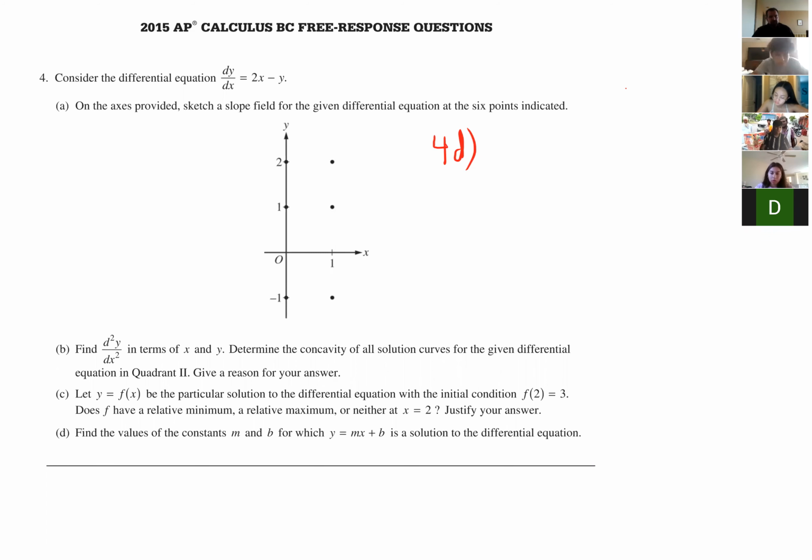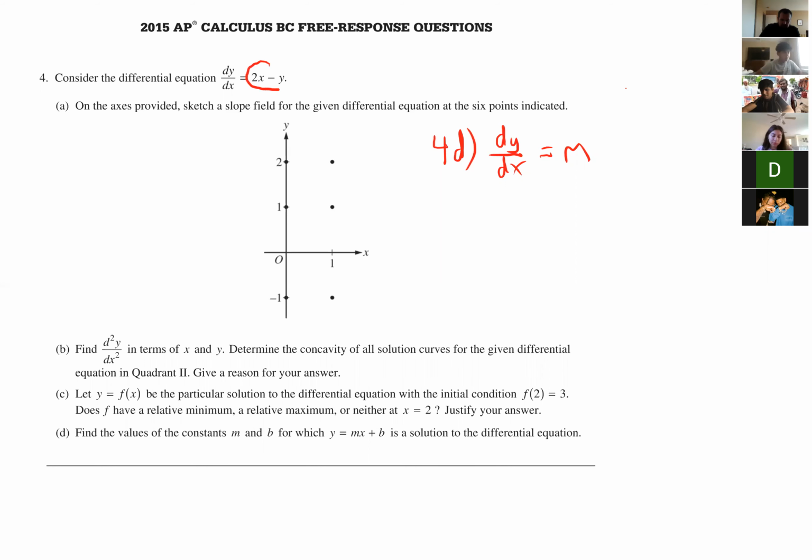All right, thank you. So 4D, I'm going to start off: dy over dx is another way to say your slope. So that's going to be m. So we know that m equals, what do we have here? Our slope is 2x minus y. That's our dy over dx.